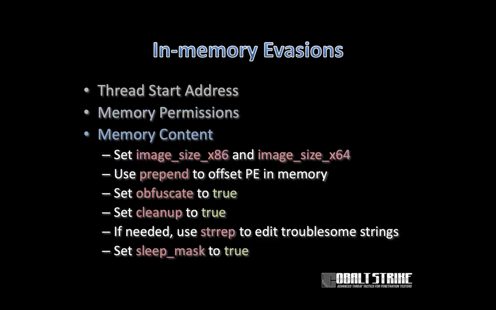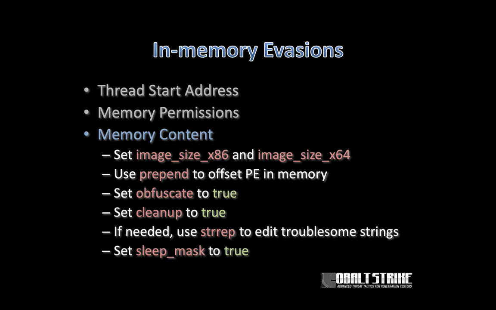What about memory content? Here is my advice to change up Beacon's memory content. Consider setting the image size x86 and image size x64 values. These will change the size of image header, which will influence how much memory Beacon requests for itself.